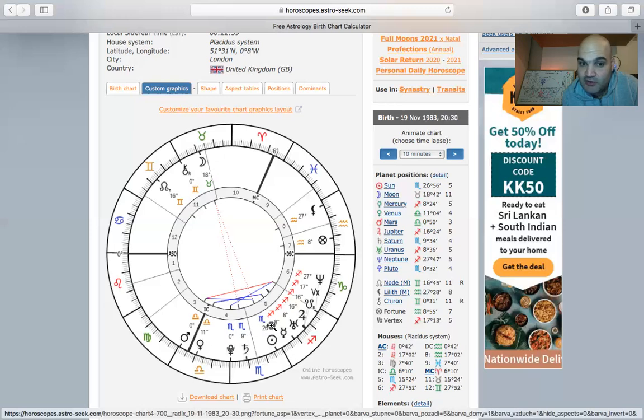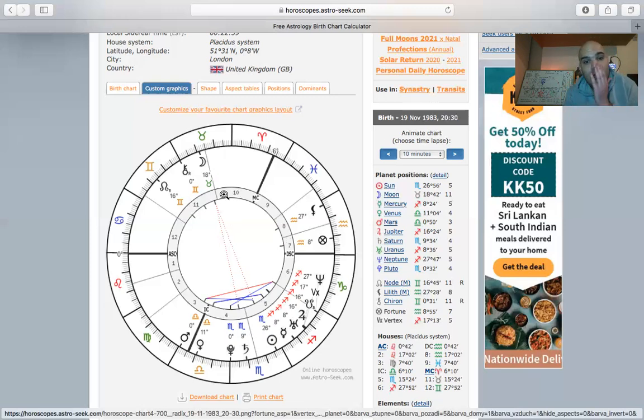Although my sun is in the 5th house and in Scorpio, all these other planets, Mercury, Uranus, Jupiter, South Node, and Neptune, are all in the sign of Sagittarius, which is also in the 5th house. So I have a lot of 5th house energy, which is about expression and creativity.